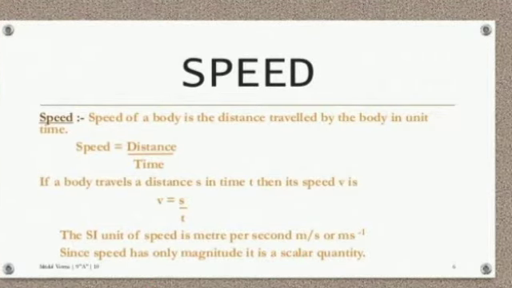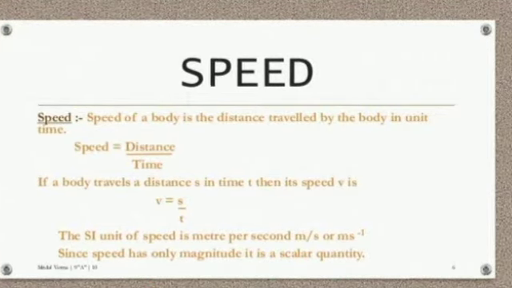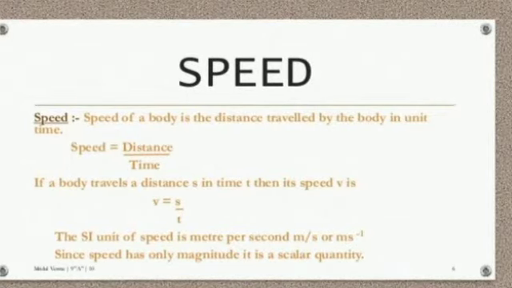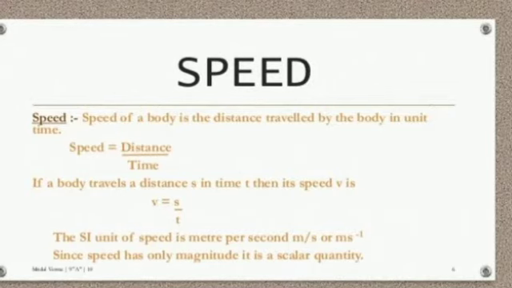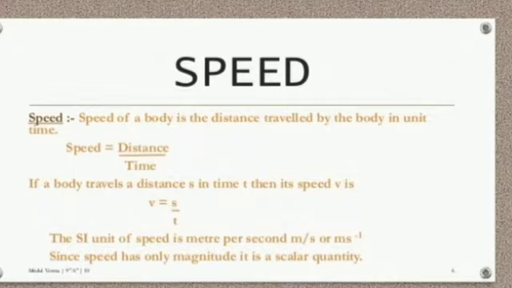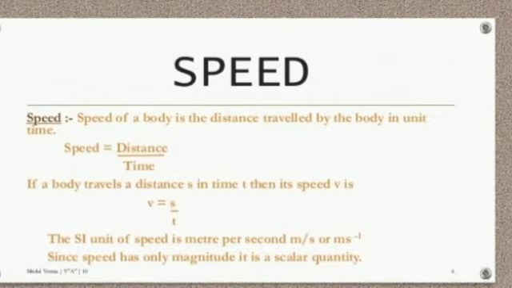Some time passes here. So what is the formula given here? Speed equals distance by time. If a body travels, body means any object, we are also a body, a human is also a body, any object is also a body.